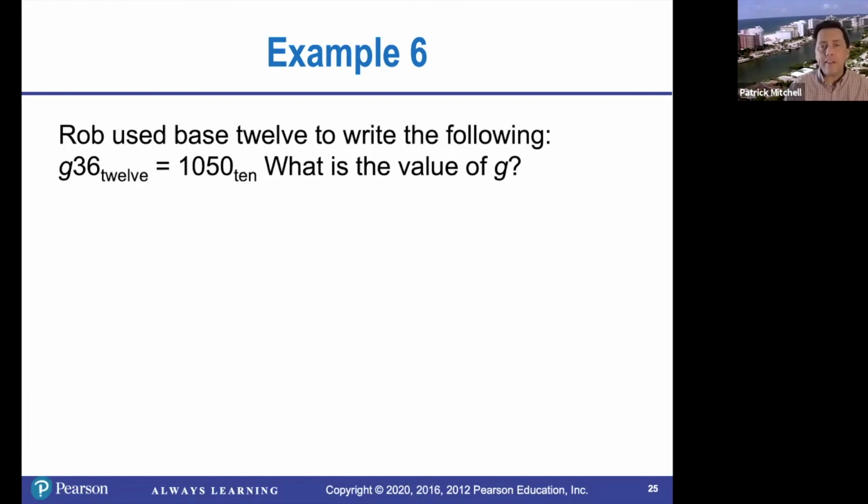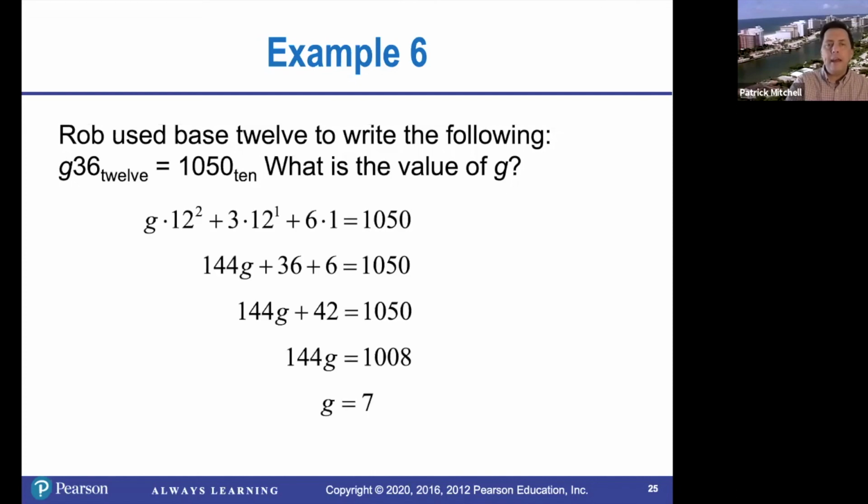That is enough information to determine the value of G. If you write this mystery number G36 in expanded form, it would look like this: G times 12 to the second plus 3 times 12 to the first plus 6 times 1 has to equal 1,050.